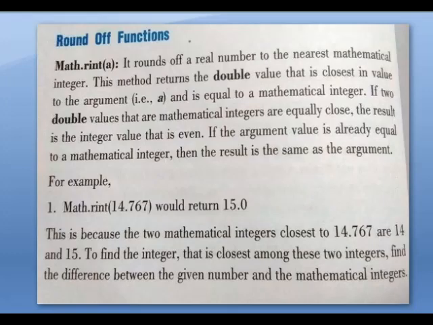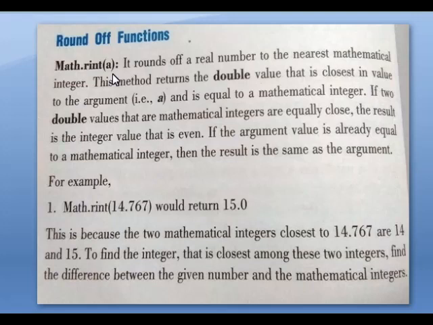Now we are going to see the round off functions. First one is Math.round. Okay, Math.round means it will give the rounded value. If the given value is a decimal value, it will see the number just after the point.